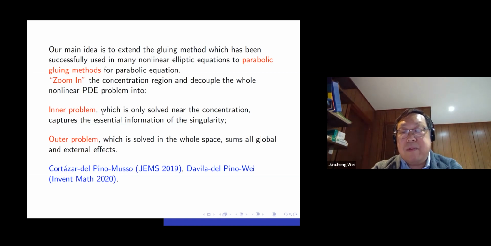One is the inner problem, which is solved only near the singularity and captures all the essential information of the singularity. The other is the outer problem, which is solved in the whole space and captures the global and external effects. This approach for parabolic problems was developed by Cortázar, del Pino, and Musso for the Fujita equation, and by Dávila, del Pino, and myself for the harmonic map flow.